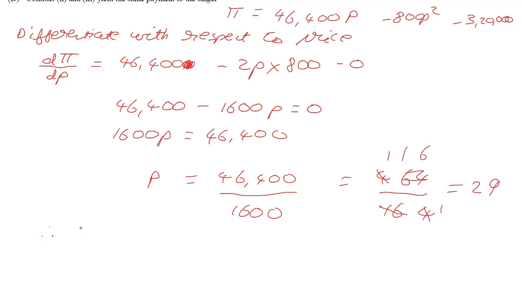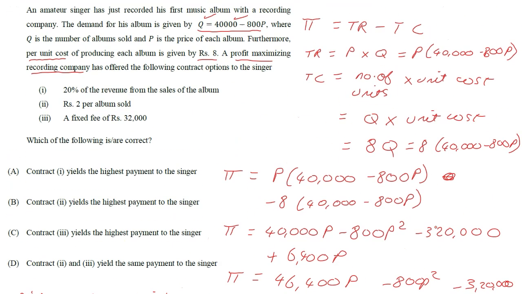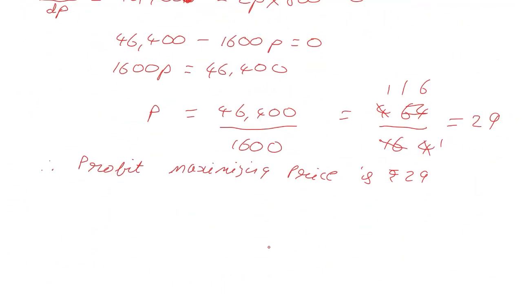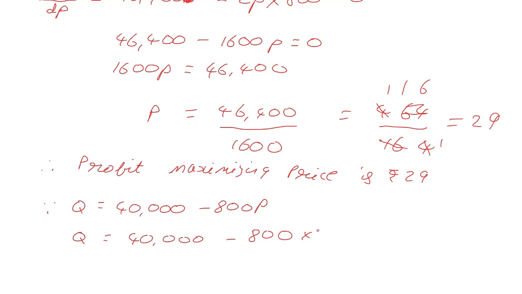Therefore the profit maximizing price is rupees 29. But we still need to do quantity. We know that quantity is equal to 40,000 minus 800p, so quantity will be 40,000 minus 800 into 29.